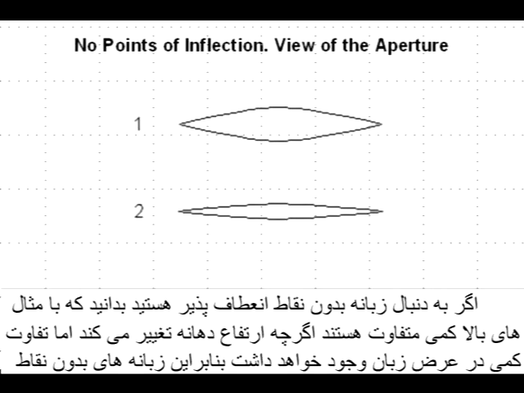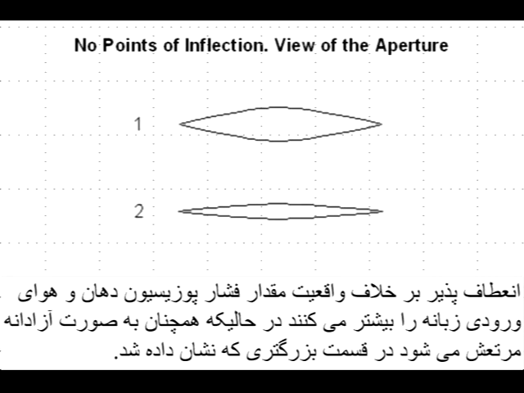If we look at a reed with no points of inflection, it's different in that although the aperture height changes, there is generally little difference in the width of the aperture. So for the reeds without points of inflection, despite the fact that you increase the embouchure pressure on the reed, it still freely vibrates along a large surface area.